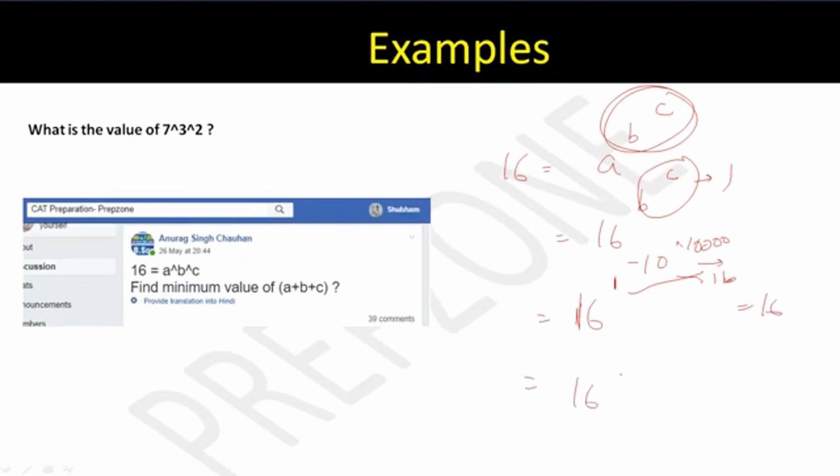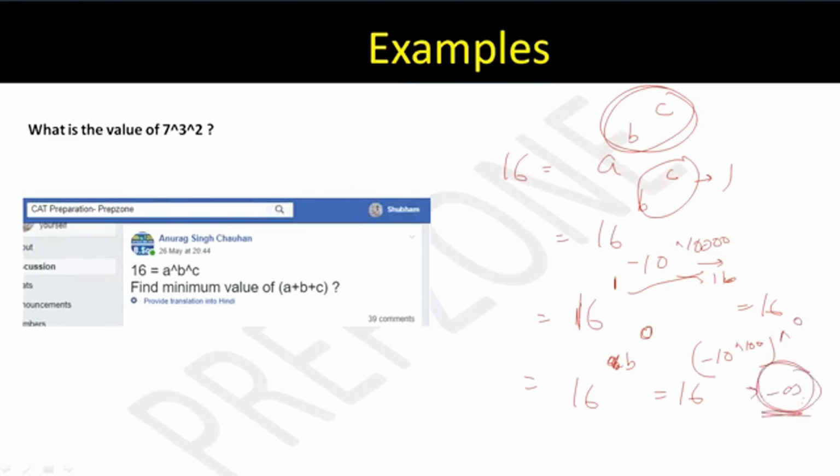Or what I can do is, whatever value I mention here of b, if the exponent is 0, this value will again become 1. So this is same as 16 minus 10 to the power say 10,000. This is the value of b to the power 0. So if c is 0, again this will become minus infinity.